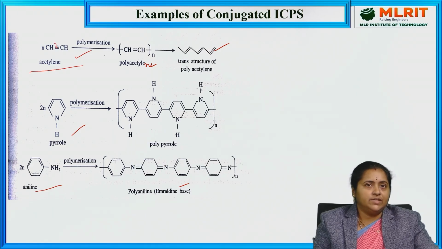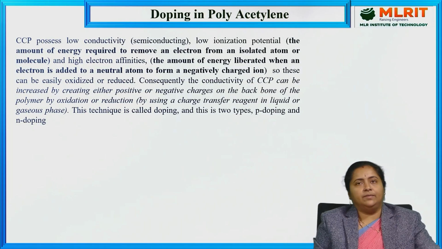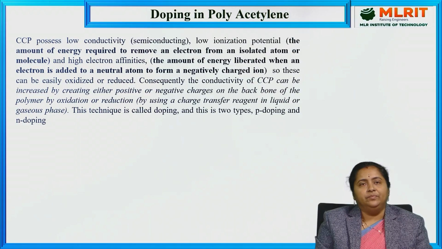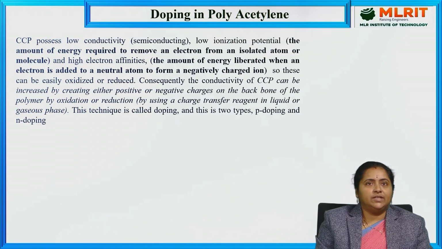If nitrogen is there, we call it pyrrole. It is a 5-membered ring, and after polymerization it converts into the corresponding polypyrrole. All these conducting polymers are formed because they have conjugation of double bonds in their polymer backbone. That's why they are examples of conjugated pi bond intrinsically conducting polymers.